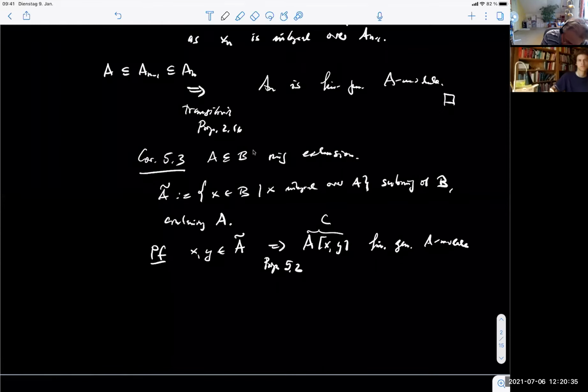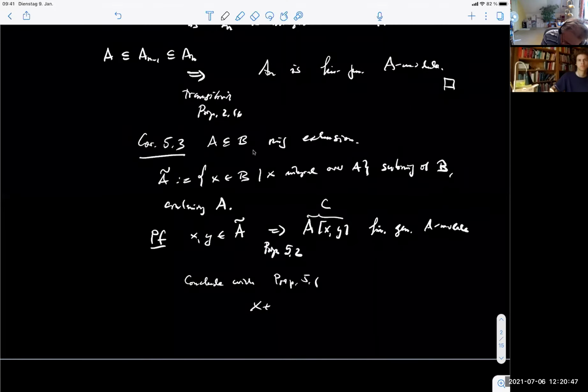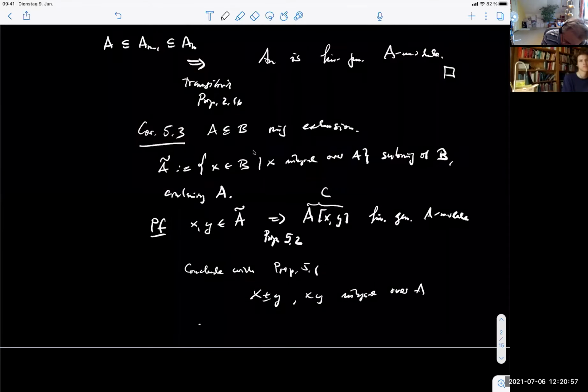Now I conclude with our criterion, that was the proposition 5.1, that x plus or minus y and x times y are integral over A, since I just use the following.